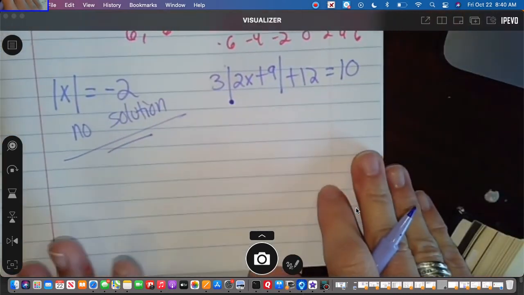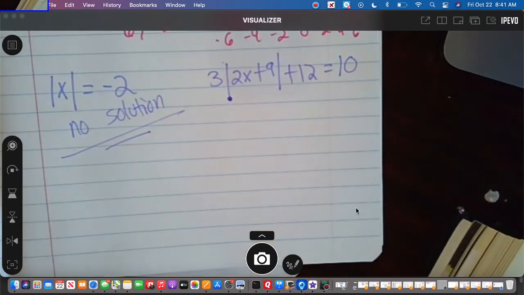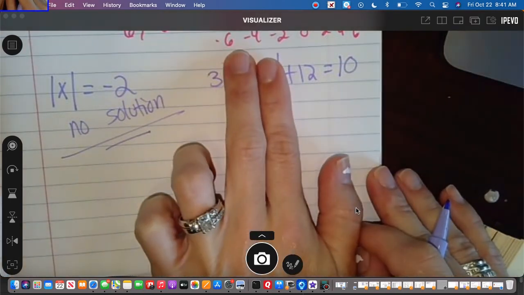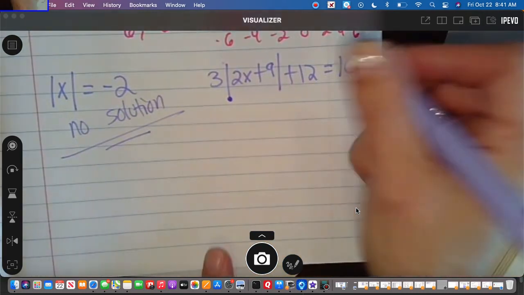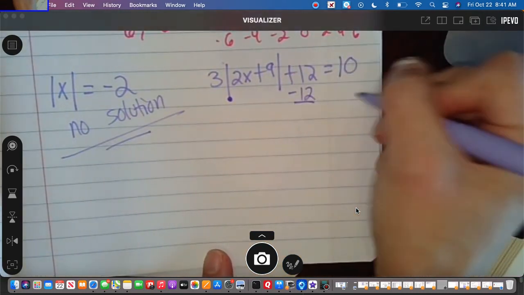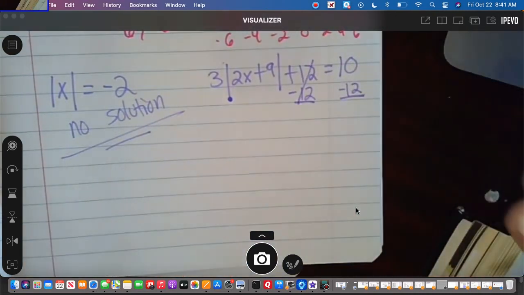I know that looks like a difficult problem, but we're just solving for the absolute value. All I want is the absolute value by itself. What do I do first? Subtract 12. Very good. So I subtract 12 and bring everything down.